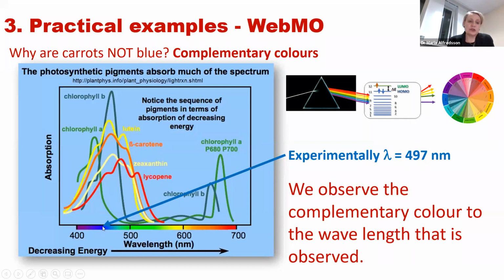That corresponds to the blue light. That means that the blue light is absorbed, and I will see carrots as orange, because what we see is the complementary color. So if we absorb blue, we see the complementary color, which is orange.